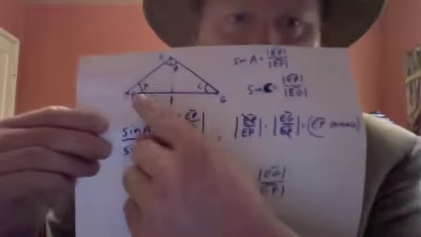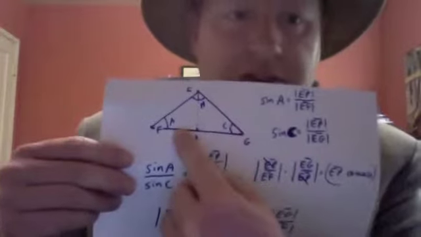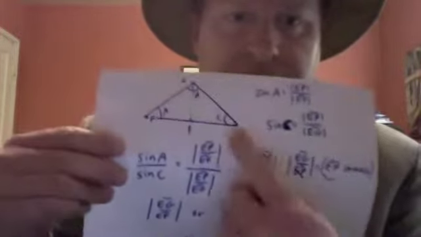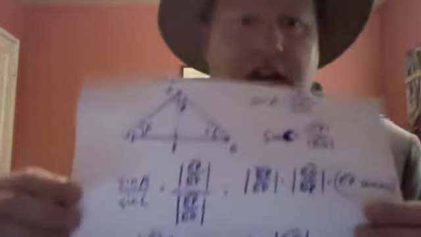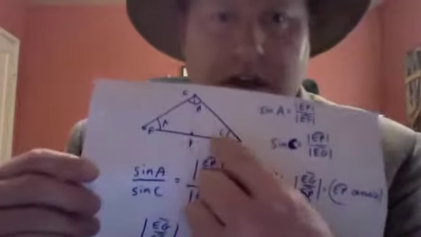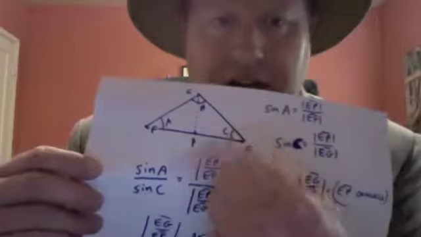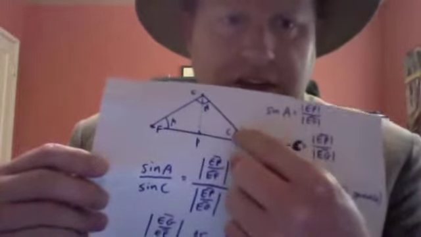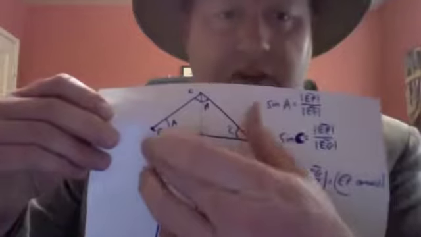Notice that sine of angle A over EG, in other words, sine of angle A over the side opposite from A, is the same as sine of angle C over the side opposite from C. I could easily take our labels of angles and rotate them.